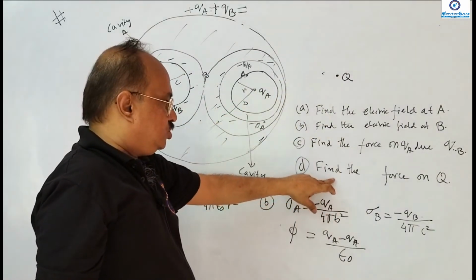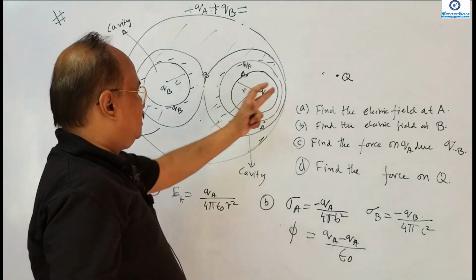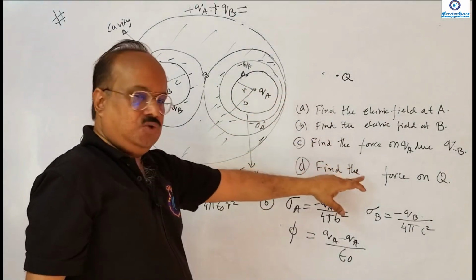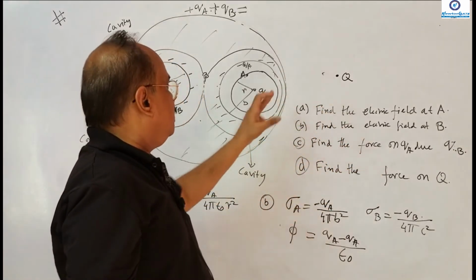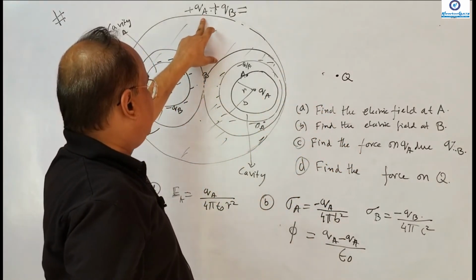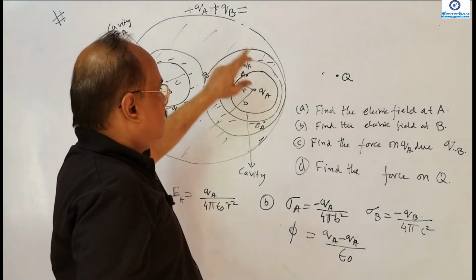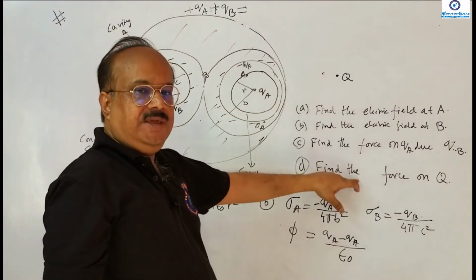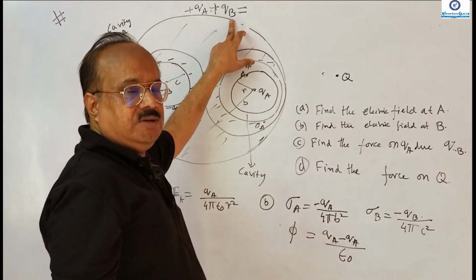So our next question is to find the force on Q. There will be a force on Q, but it cannot be given exactly what the force on Q is, because this charge is not exactly uniformly distributed. But there will be a force on Q due to this charge QA and plus QB, remember it.